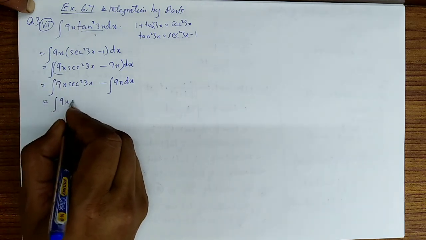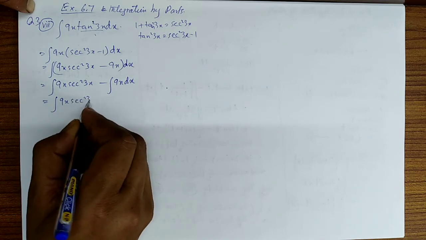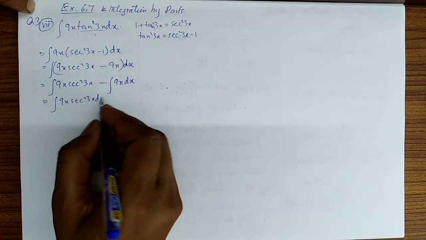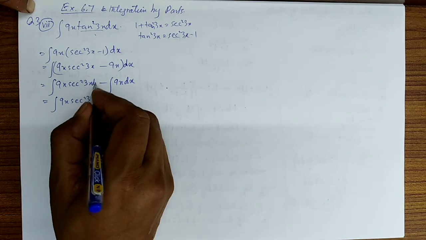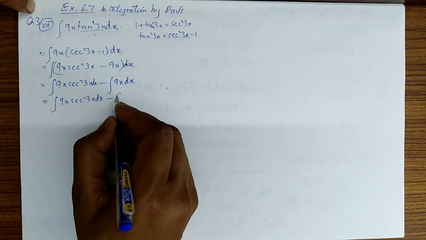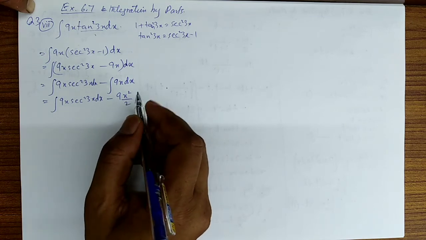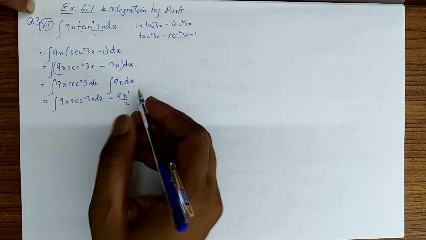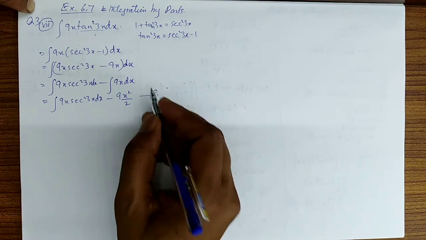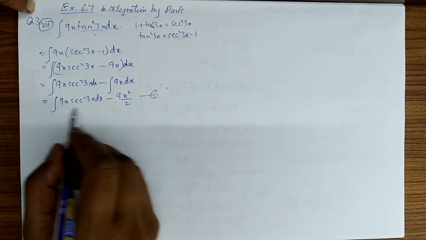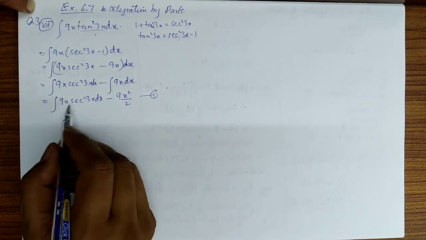Before that, first clear the second term, integral of 9x dx, which here we have as minus 9x square upon 2, right? So name this equation number 1, and from this we are going to find the integral of the other part.